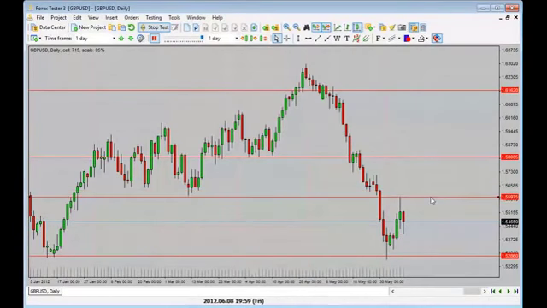What I would be looking for is price to give us some confirmation as to where it's going. So this particular candlestick is not the best one to take a trade from. This one here is a solid bullish candlestick. This one is a solid bearish candlestick, but this one is half-half. So we have half bearishness, half a pin with price pushing up. So this is sideways. This is when we have to wait for another day.